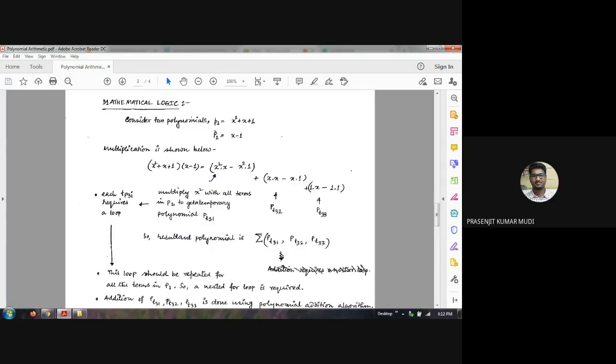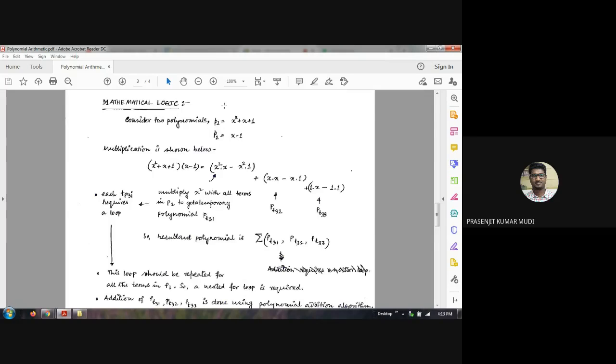Consider two polynomials, p1 equal to x square plus x plus 1 and p2 equal to x minus 1. We know that if we multiply these two polynomials, x minus 1 into x square plus x plus 1, it is a very standard formula, and it will come to x cube minus 1. Interestingly, this example has been taken to show you the power of the logic.